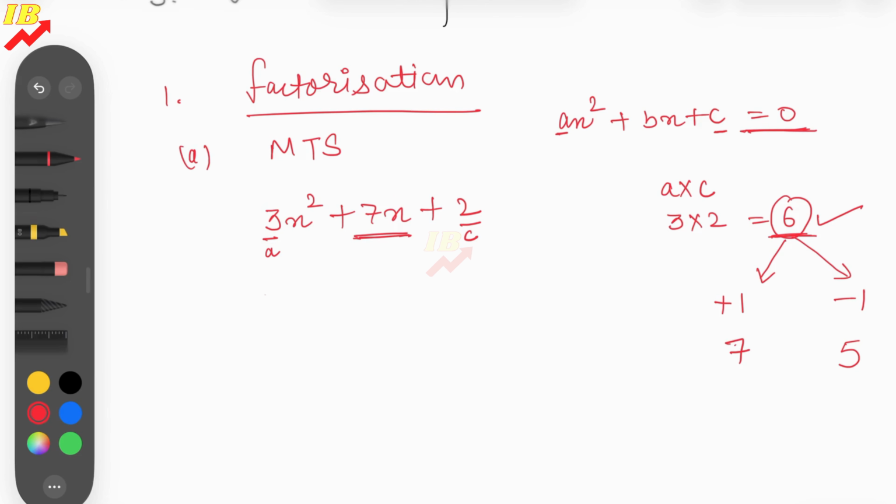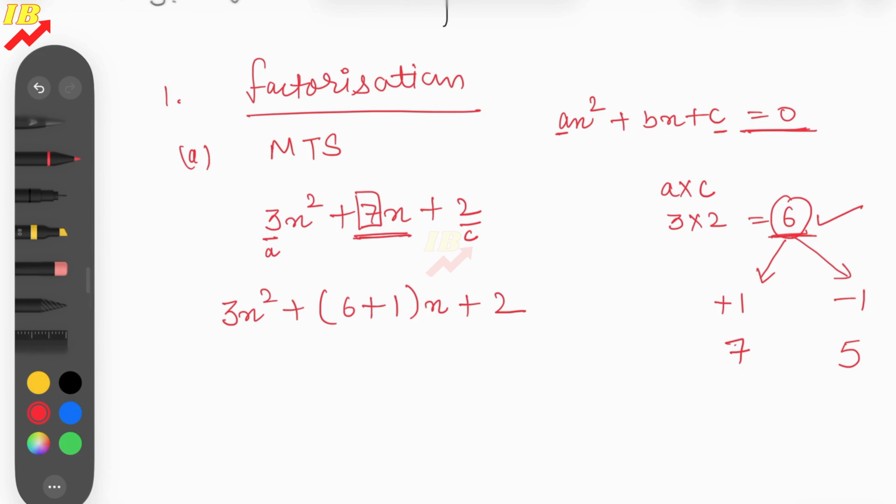So what I mean is, instead of the 7, now I'm going to take 6 and 1, right? Because 6 times 1 is 6 only, and the addition of 6 and 1 gives you 7, right? So I am changing the 7 and writing instead of 7 as 6 plus 1, right?